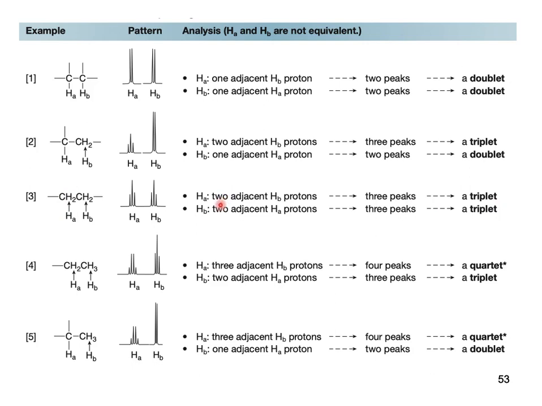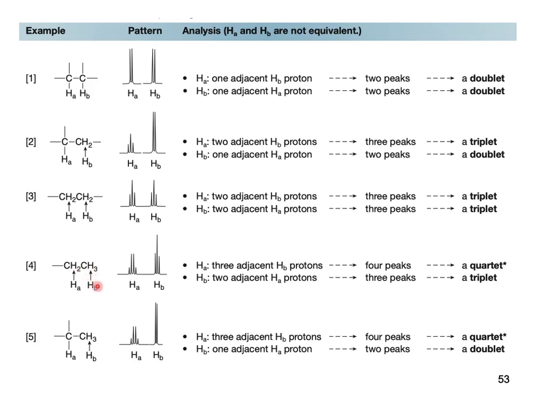So spin splitting gives the information about the adjacent proton environment: how many protons are attached to the adjacent carbon or adjacent element. In this one, for Ha, how many protons are attached to the nearby carbon?